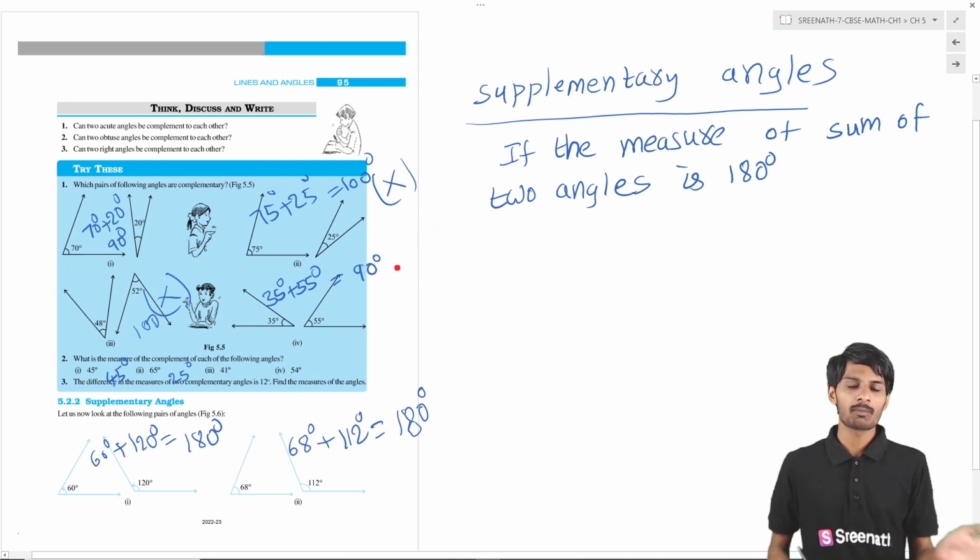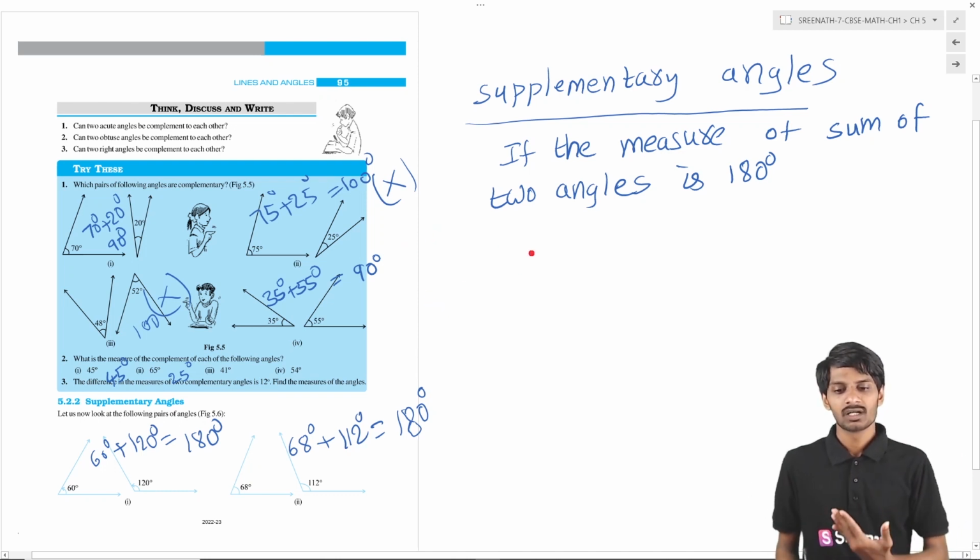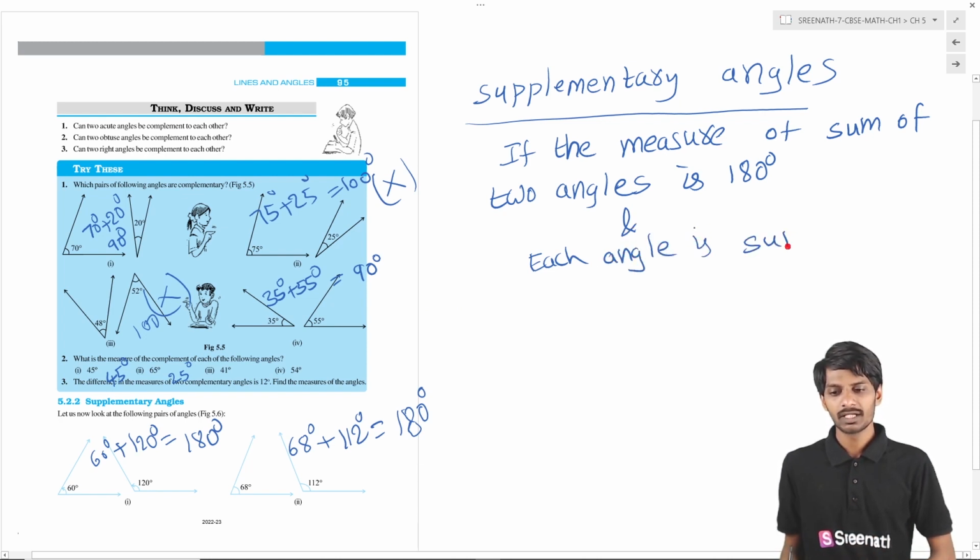And similar to complement angles, we say that each angle is supplement to another angle.